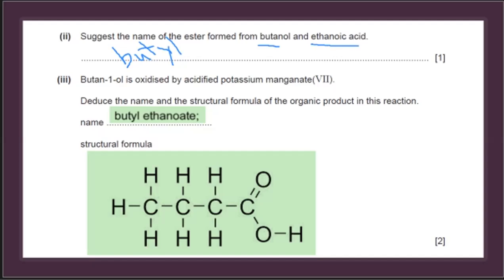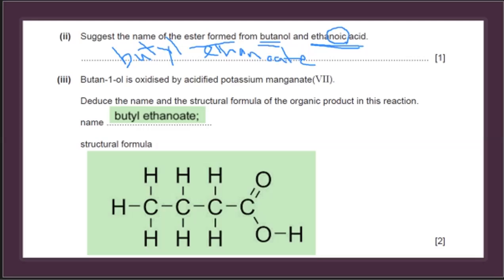And to the acid part, we add OATE. So we take off OIC and we add OATE. So we end up with ethanoate. All right. So we end up with butyl ethanoate. That should be the name of the ester that is formed when butanol and ethanoic acid react with each other.